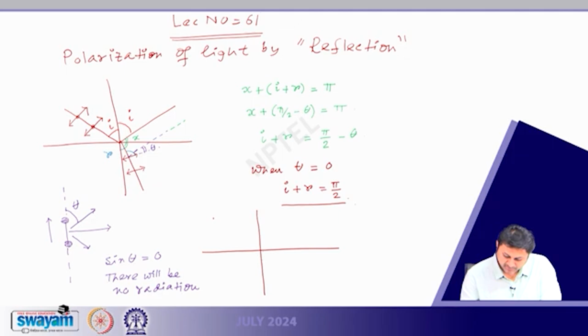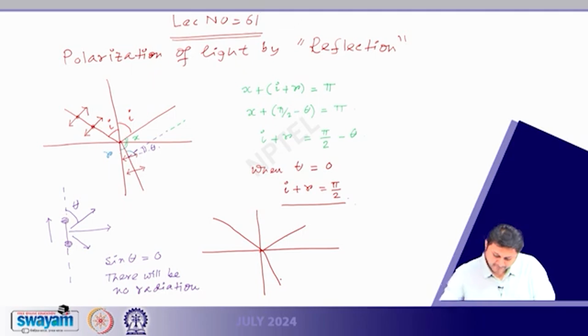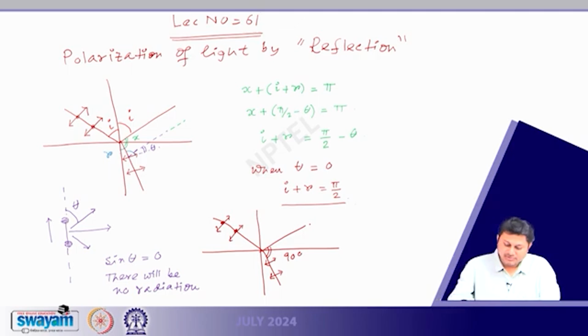Let me draw it. Here I have this radiation with this polarization, and when it enters it has this vibration, but because this angle is 90 degrees, whatever radiation is generated by the vibration of the dipole, this component will not be there.